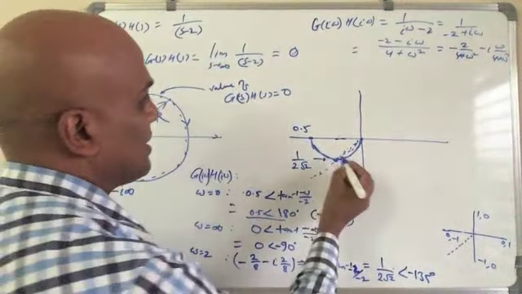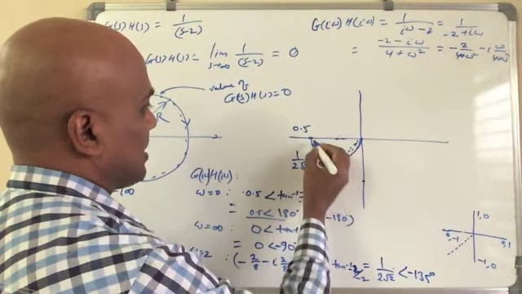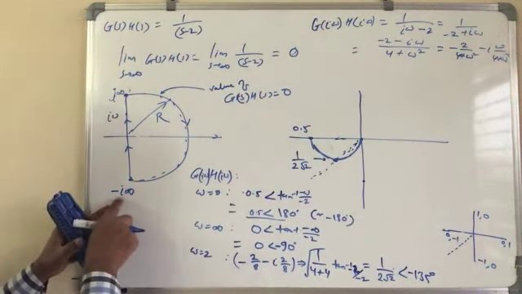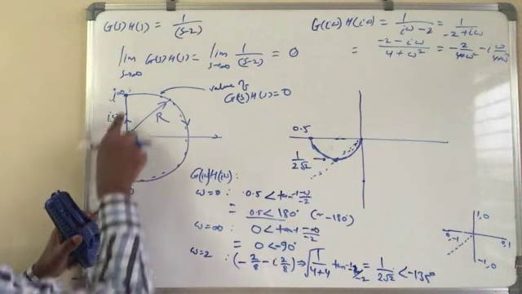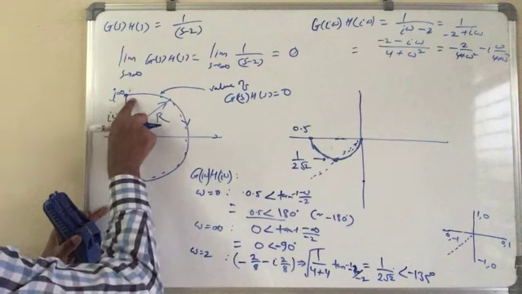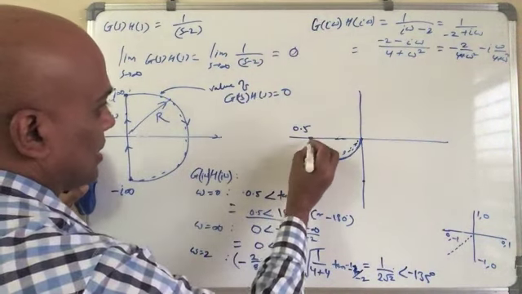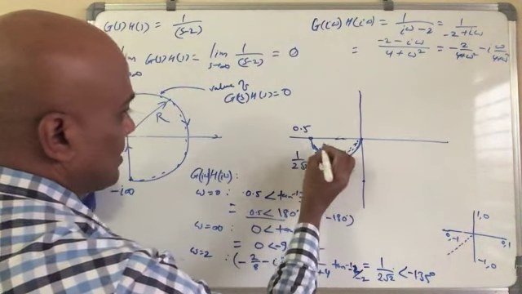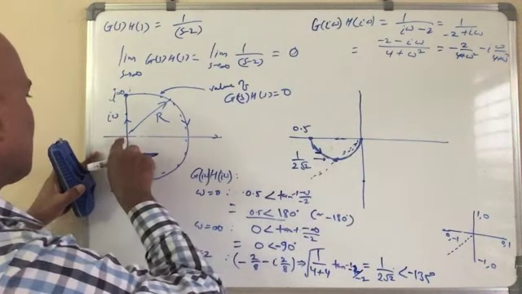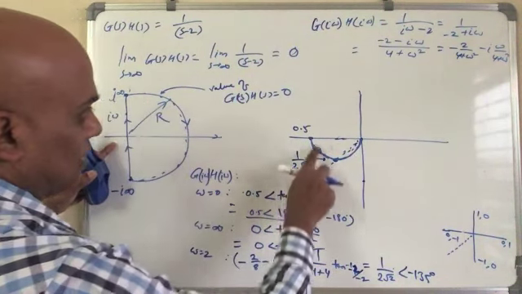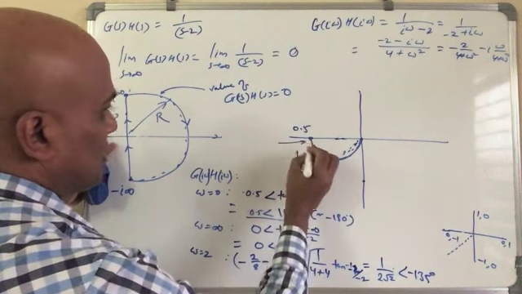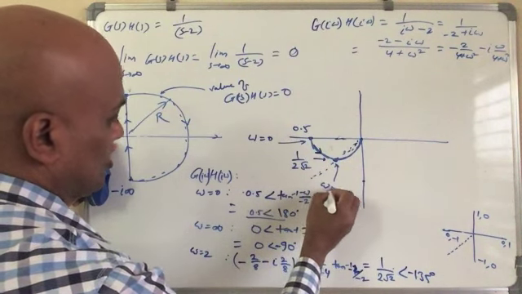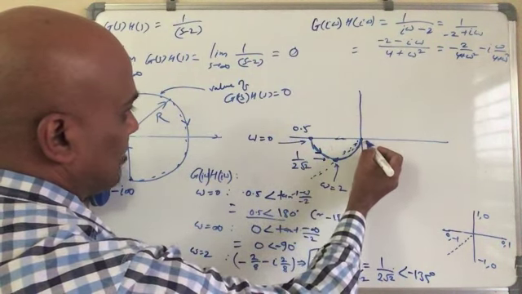What we see is that this is going anti-clockwise. Here we have to go from 0 to infinity, of course. So this is omega equal to 0, this is omega equal to 2, and this is omega equal to I infinity.